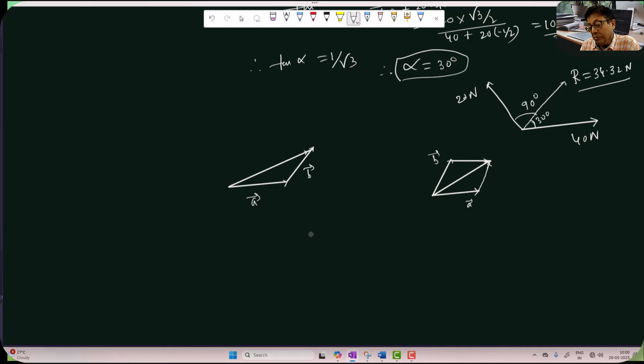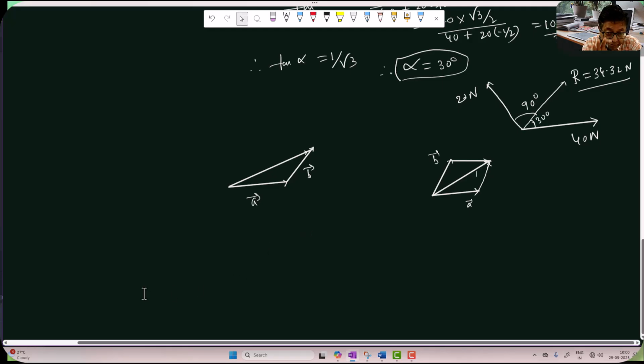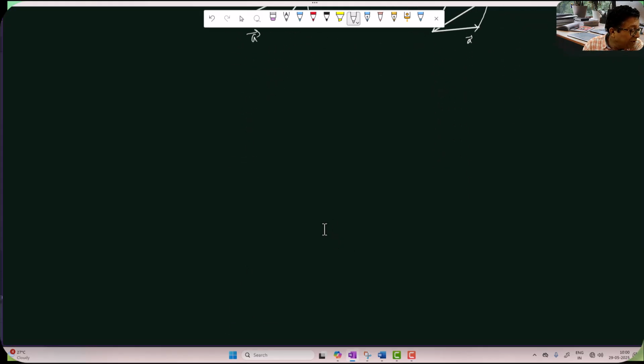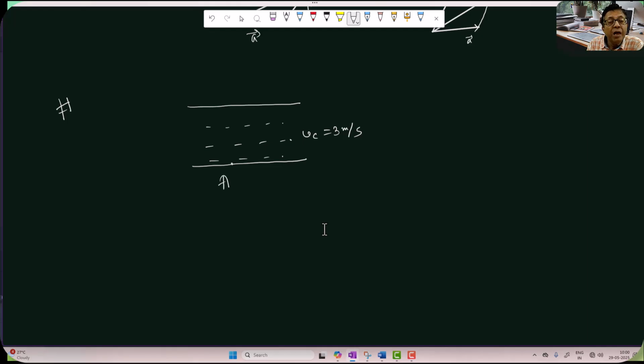Now this triangle law and parallelogram law can be better understood if I take one example like this, where a river is flowing with the current velocity. River current velocity is 3 meter per second, V current is 3 meter per second, and a boatman wishes to cross the river straight across.